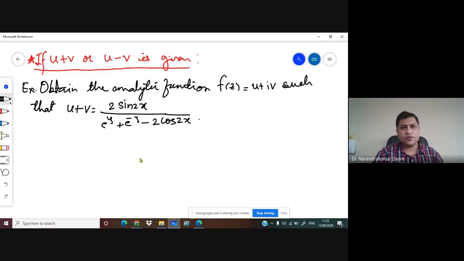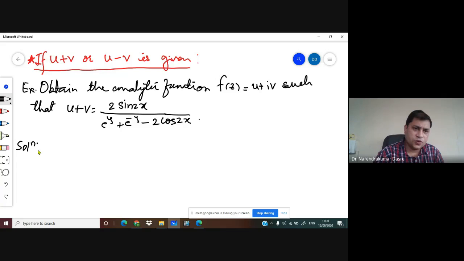So that's the function given, and we have to find the analytic function with this given u plus v.